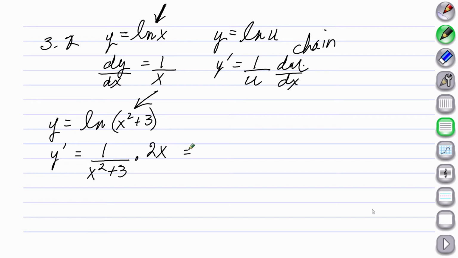So that becomes 2x over x squared plus 3. So we got that chain. Of course, the derivative of 3 is 0, so we don't have to worry about that.